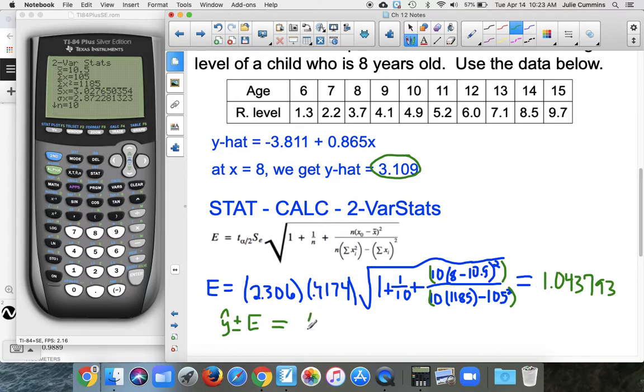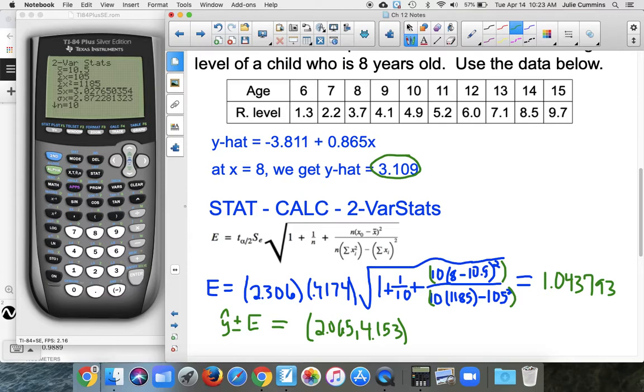And when we do that, first when I subtract it, I get 2.065. And then when I take that number and add it, I get 4.153. So that is our prediction interval.